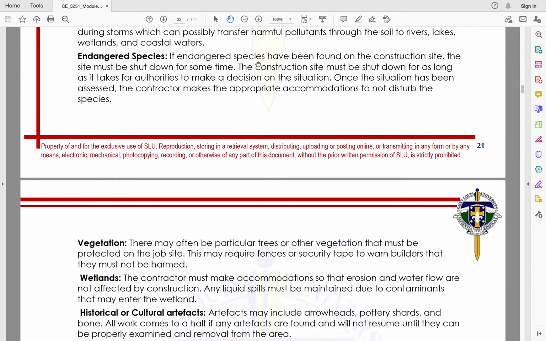Next is endangered species. If endangered species have been found on the construction site, the site must be shut down for quite some time. The construction site must be shut down for as long as it takes for authorities to make a decision on the situation. So once the situation has been assessed, the contractor makes the appropriate accommodations to not disturb the species.